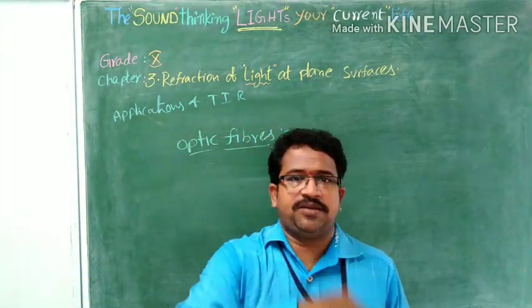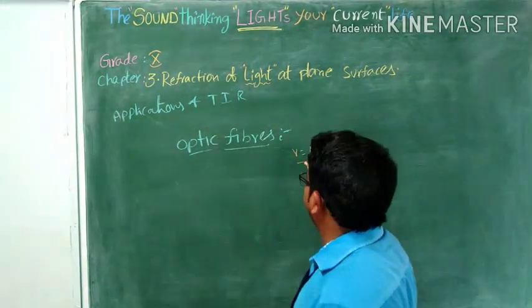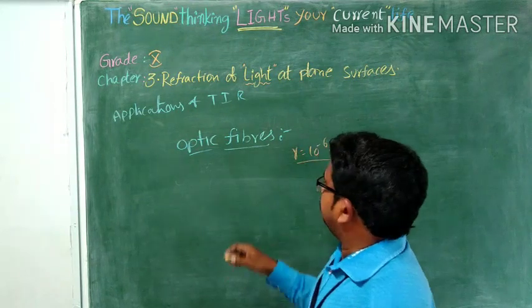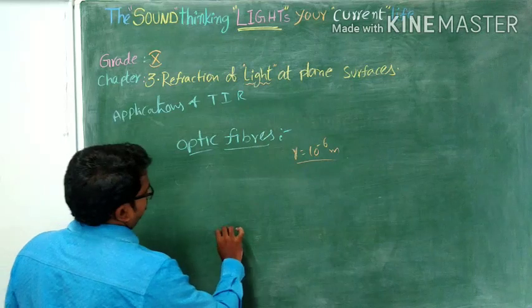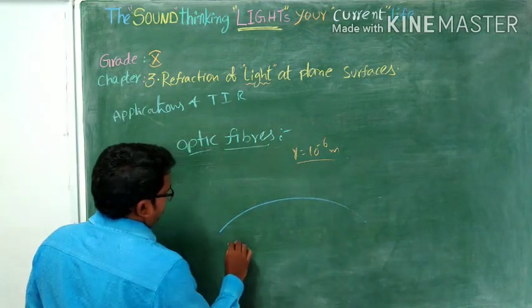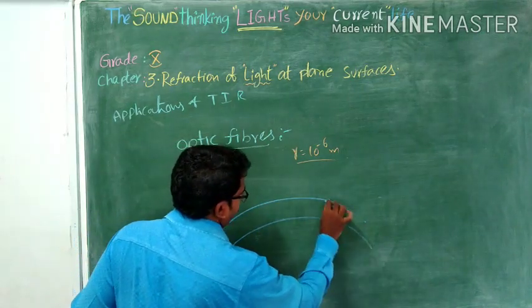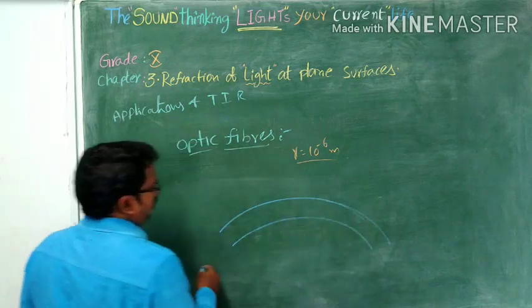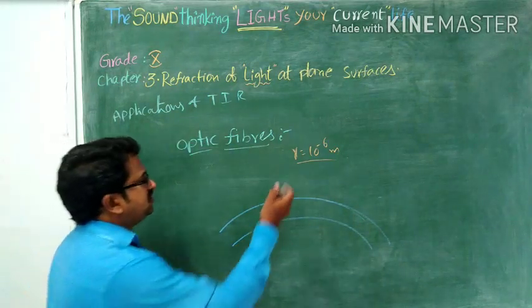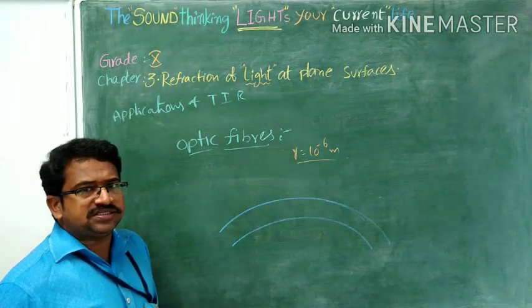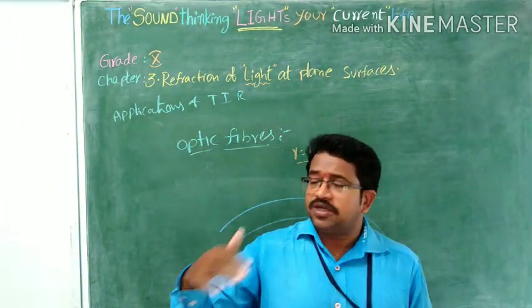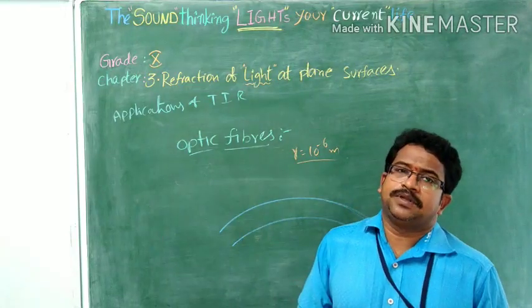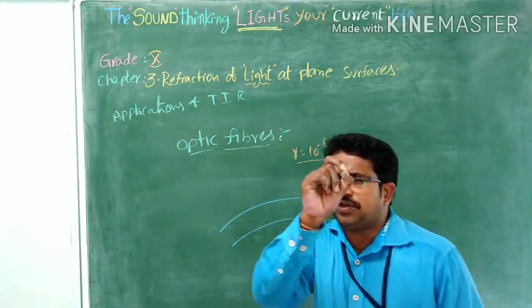Let us consider a glass pipe like this, very thin. What is the radius? 10 to the power of minus 6. That means when you take a meter and divide it into 10 to the power of 6 parts, you get a very minute length.